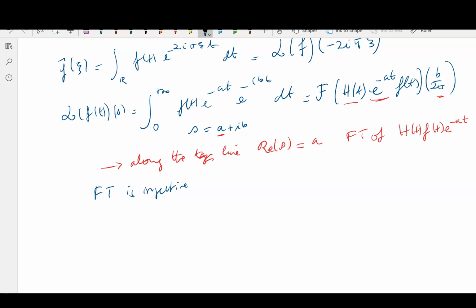So we're going to get the same idea, that the Laplace transform is also injective, which gives us one very interesting property: if the Laplace transform of some function is equal to 0, it means that your function was actually equal to 0. Well, you know that it's almost everywhere as usual. Okay, so next video we're going to study in more detail, well, we're going to list quickly all the properties of the Laplace transform.